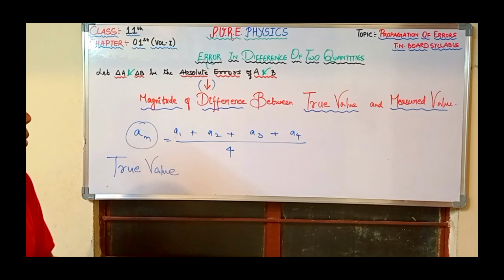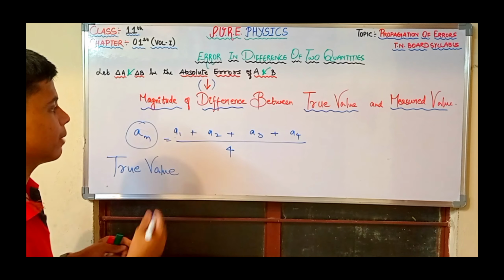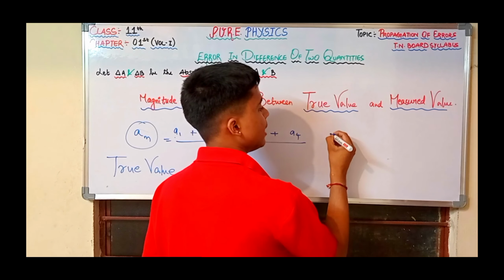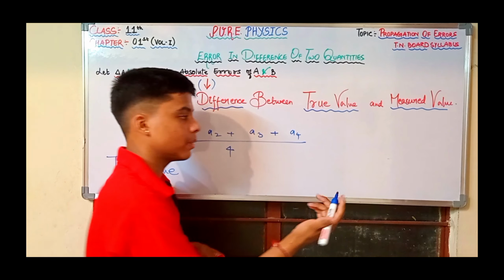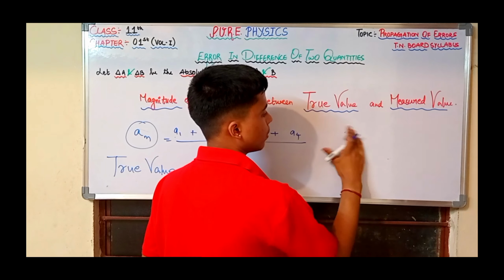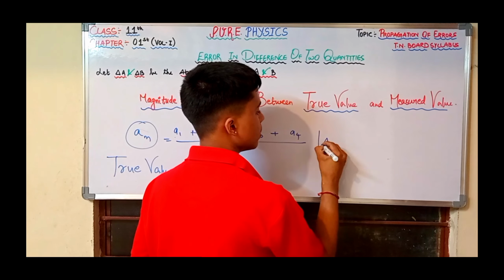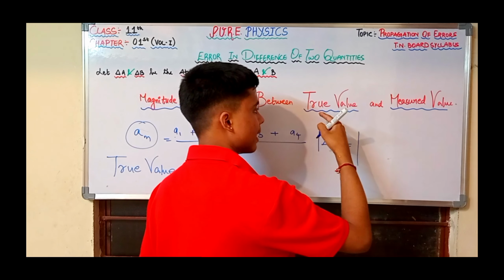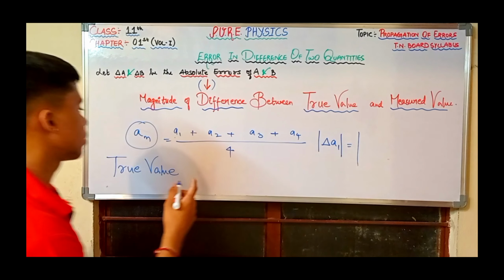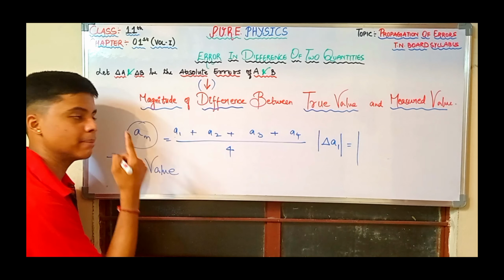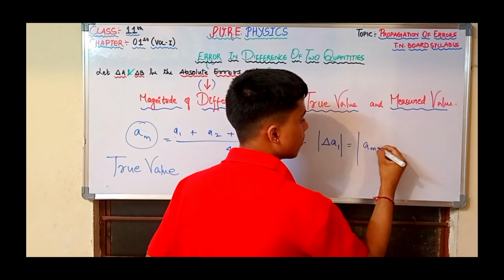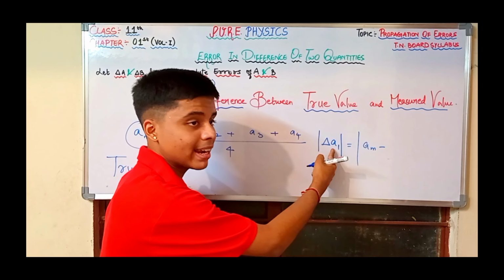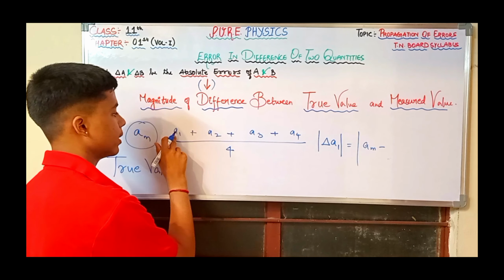Now how do you take this absolute error? If I want to find the absolute error of A1, I need to take the magnitude. Magnitude is nothing but modulus. So you take the modulus of the difference between true value and measured value. True value is nothing but AM, and for the first reading you take A1.